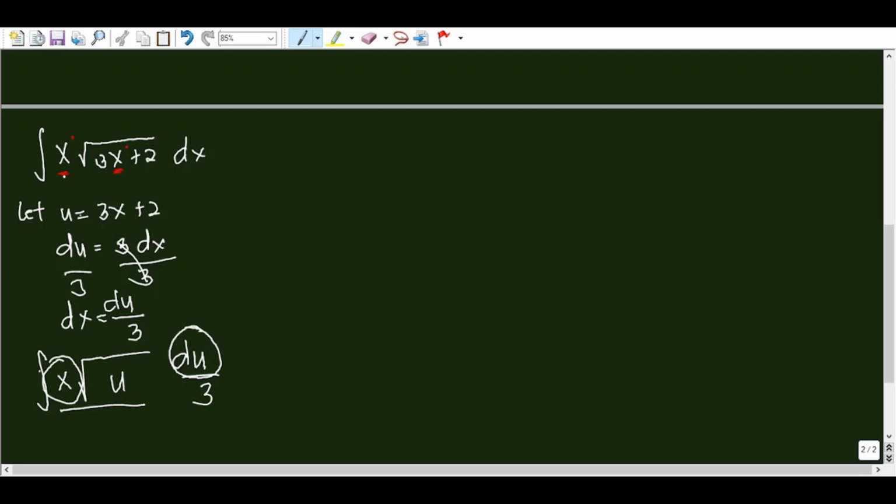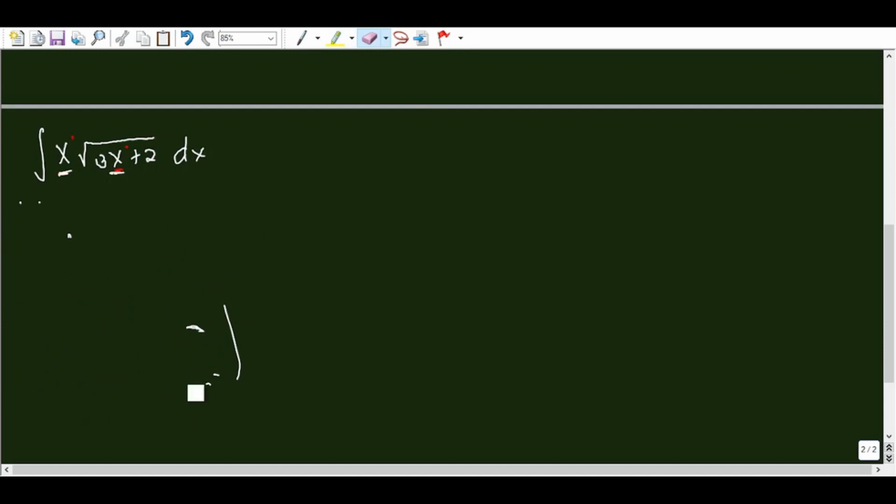Again, if the exponents of our variables are the same, we cannot use the earlier approach. What we will do is the same: we use u as the substitute for the more complicated function. So I let u be equal to 3x plus 2, but the next thing I will do is to take the value of x in terms of u.